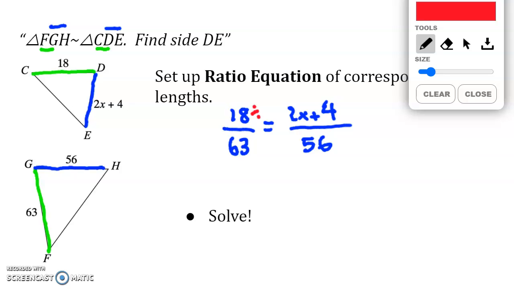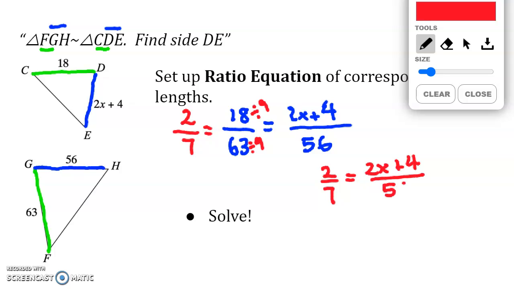So you can divide both the numerator and denominator by 9. In doing so, 18 divided by 9 is 2, and 63 divided by 9 is 7. This is a much smaller number and it's going to be much easier to deal with. So it's 2 over 7 equals 2x plus 4 over 56.